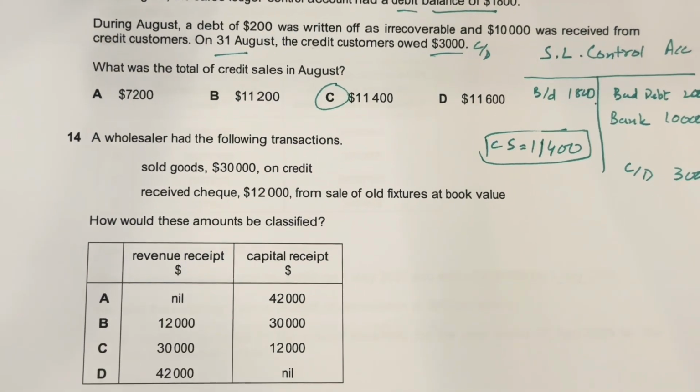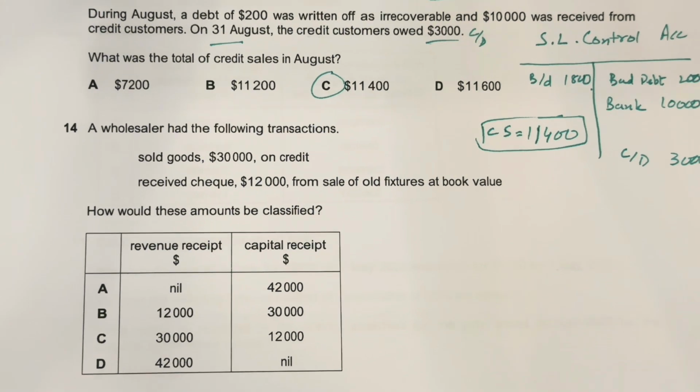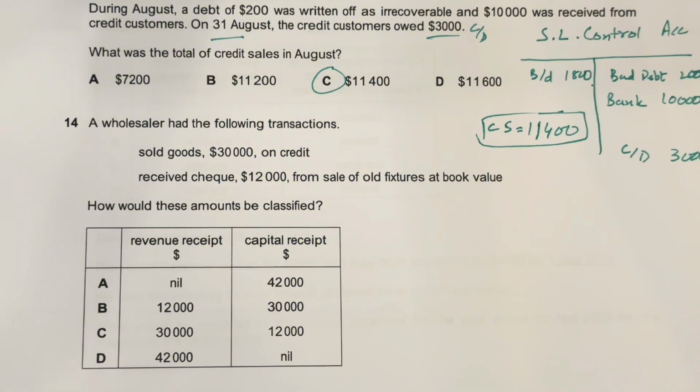Now we will move to question number 14. A wholesaler had the following transactions: sold goods for 30,000 on credit, and received a cheque for 12,000 from the sale of old fixtures at book value. How would these be classified?